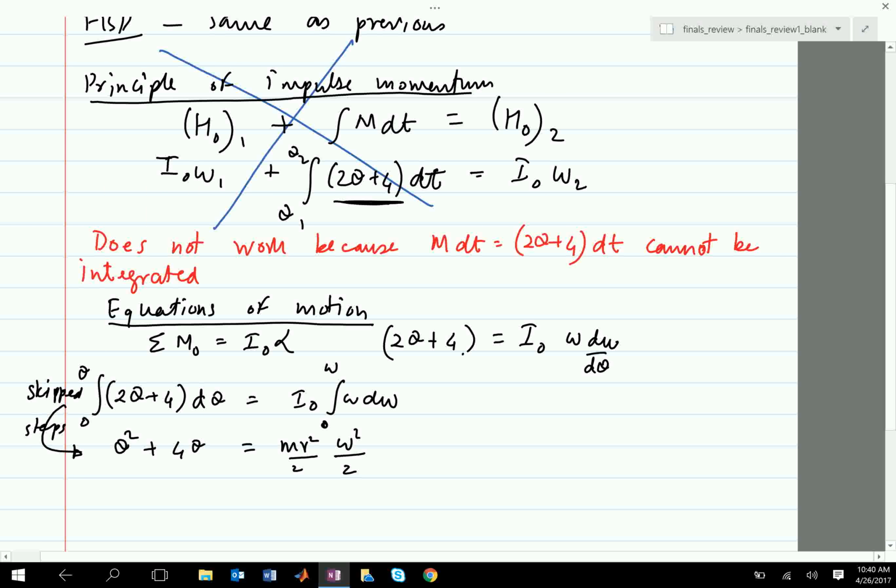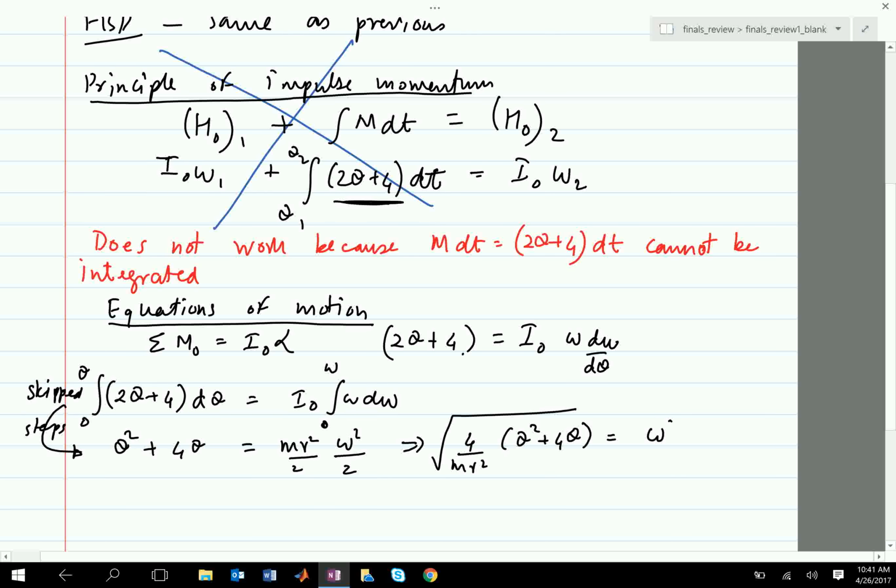Okay, but that doesn't help me, because eventually I need to find omega as a function of time. So to do that, I'm going to move things around. This is 2 times 2 is 4 divided by m r squared, theta squared plus 4 theta equals omega squared.